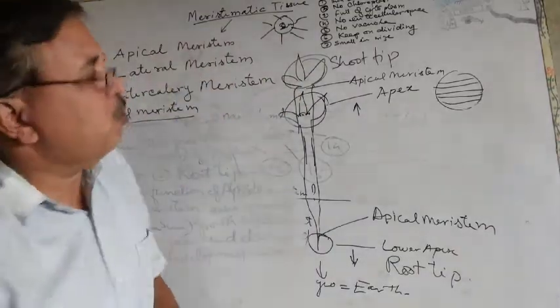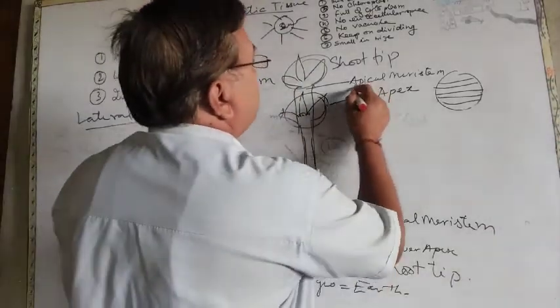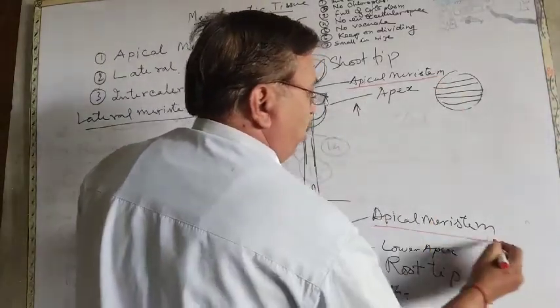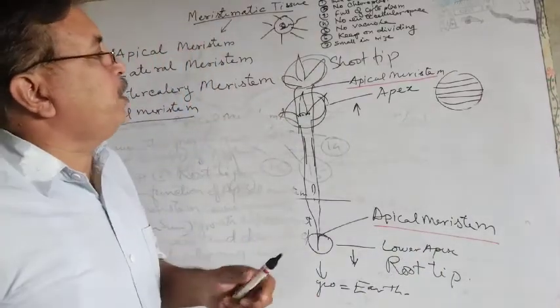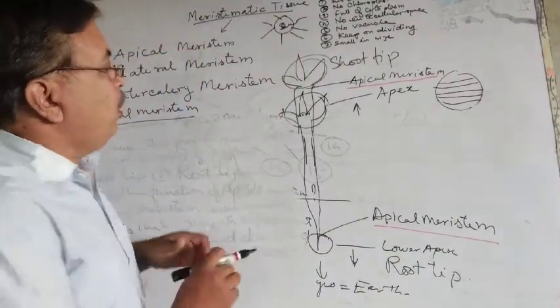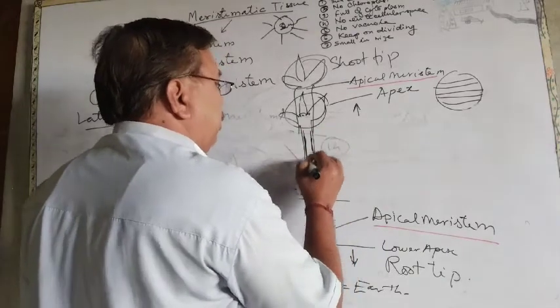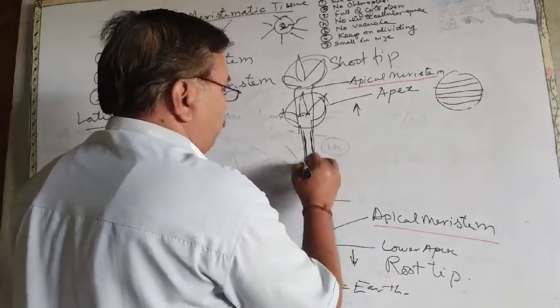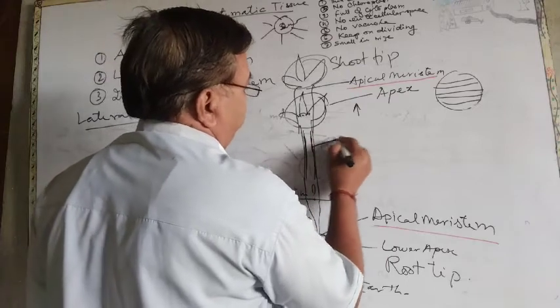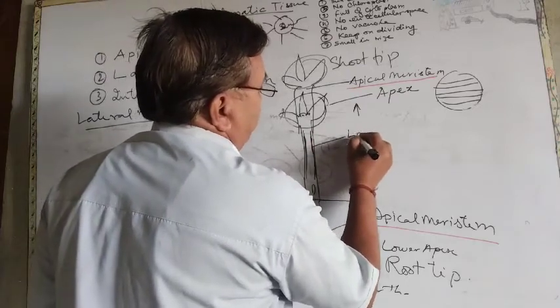Right? So see, where will you find the apical meristem? Remember, apical meristem is present there. Then where is the location of the lateral meristem? Lateral meristem is found on the sides.